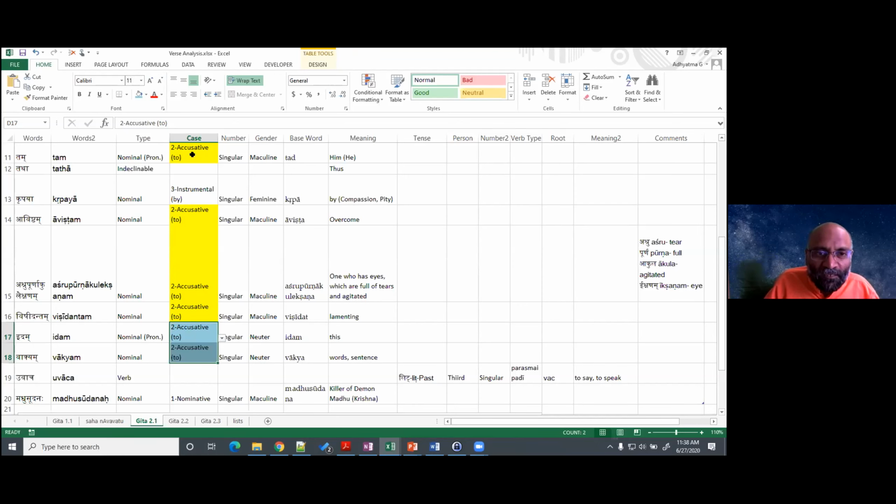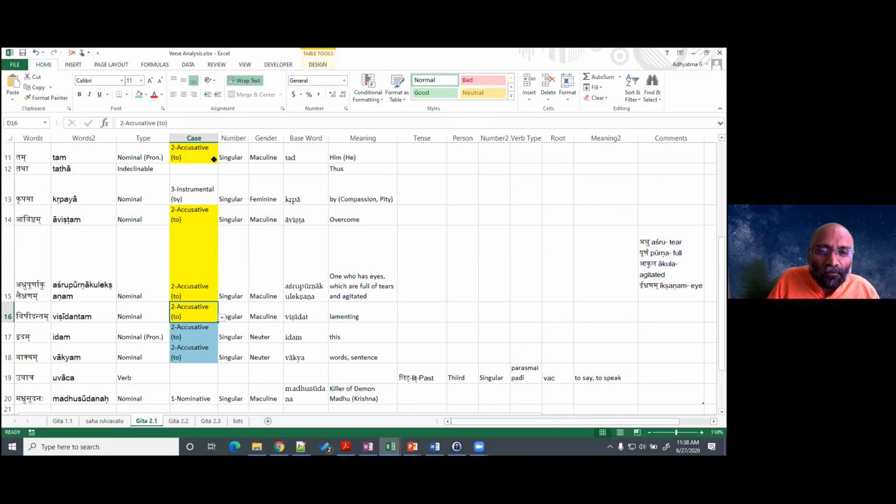And to whom he spoke, that is being covered by this. So when you see so many words in the accusative, that means it is referring to the same entity. And that is the beauty of Sanskrit, that once you understand some fundamentals of grammar, it's quite easy to get to the meaning of the sentence.